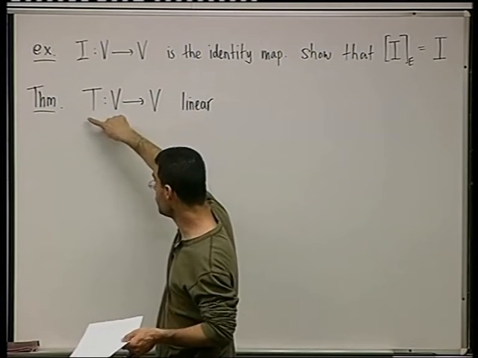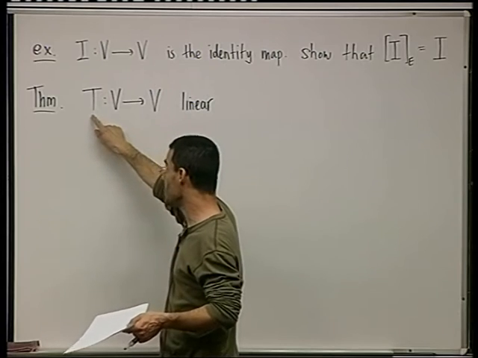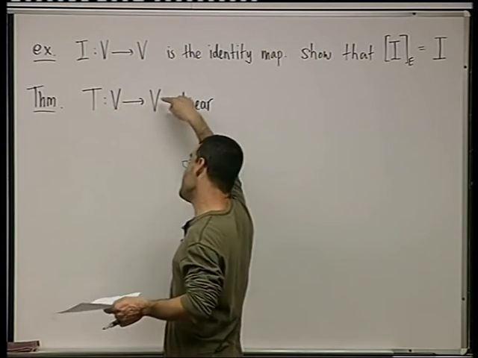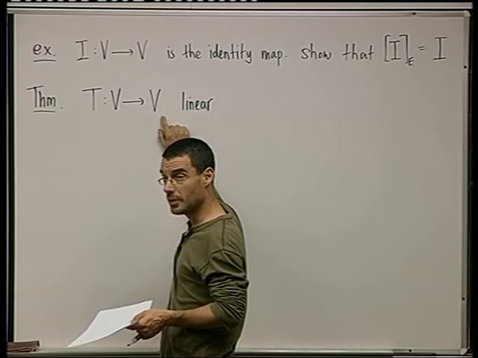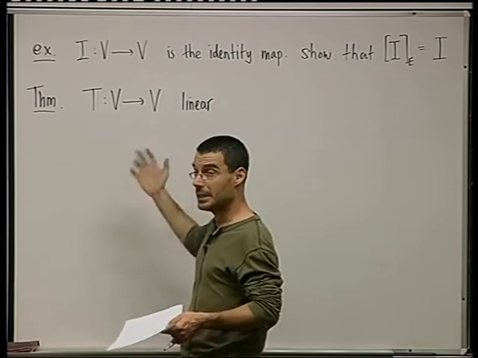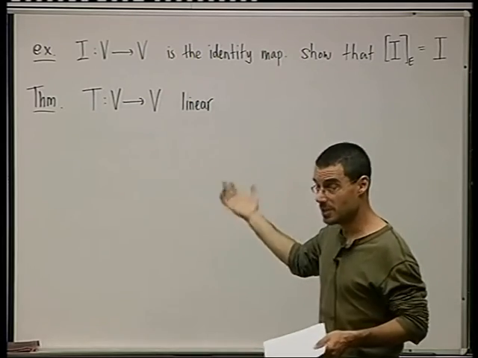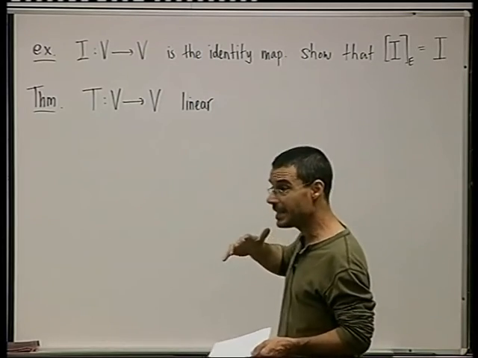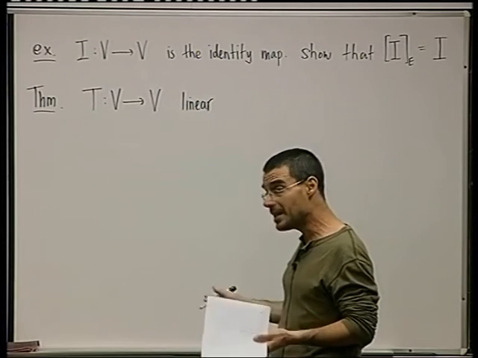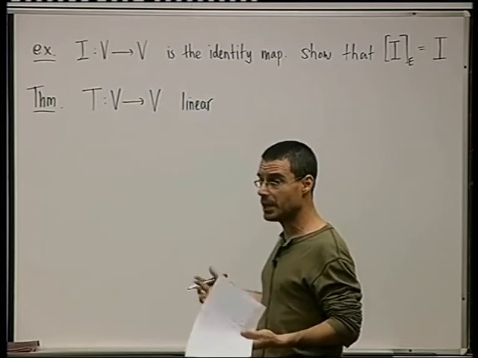If you do T and then T inverse, it's the same as the identity for V. If you do T inverse and then T, it's the same as the identity for W. And then you're going to have to argue when does the inverse exist and when does it not, and how does it relate to matrices? Is it a question of dimensions? It's a more subtle discussion.